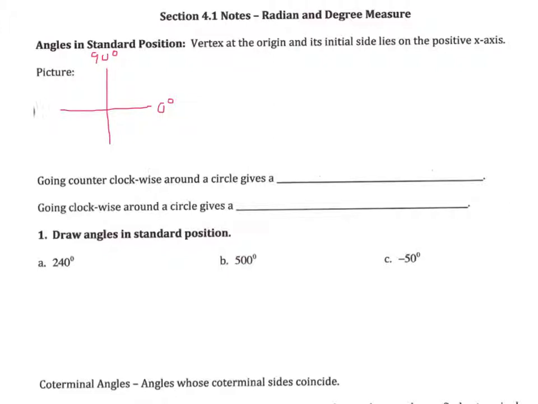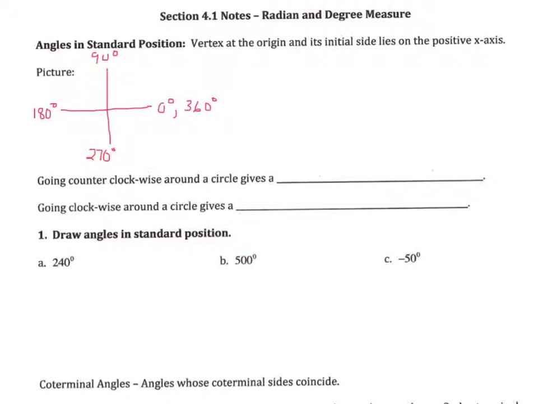And if we go halfway around the graph, kind of like we're moving in a circular motion, we'd be at 180 degrees. And then we'd be down at 270. And if we come all the way back around, we've made it to 360 degrees. So these are the degree measures of kind of the four quadrants that would break up a circle if we are traveling in a circular motion.